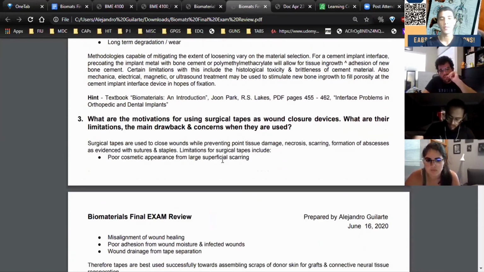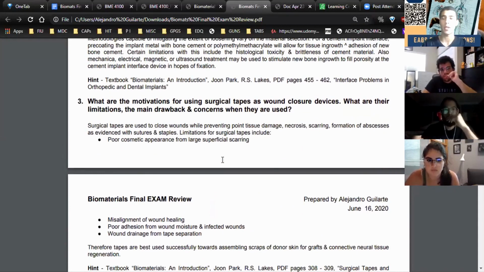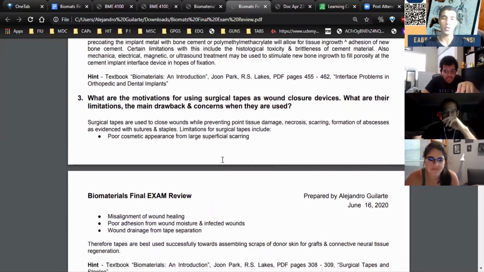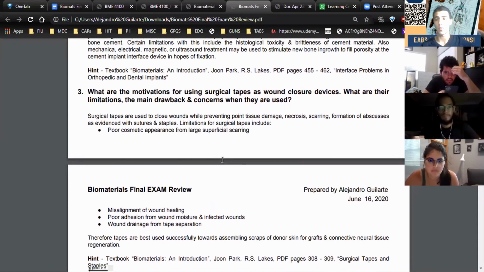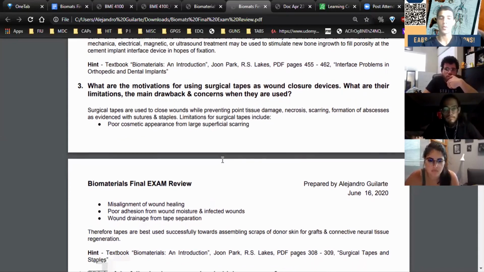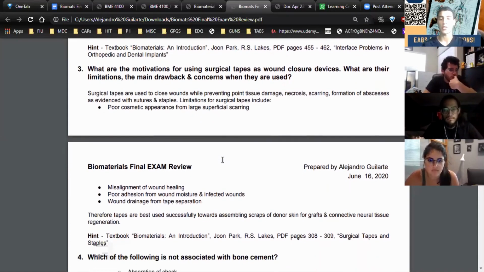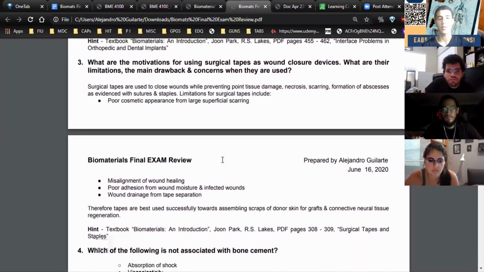So for number three, it talks about surgical tapes and why they're beneficial. The reason why surgical tapes are used is because you want to apply it on the surface and prevent point damage that would be caused by sutures, because you have to go into the tissue, and staples. The cons that come with that is that it gives a poor cosmetic appearance. The biggest one is that it actually might misalign the wound. So you might have misaligned wound healing.